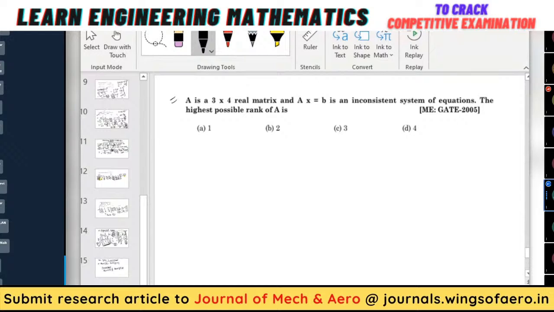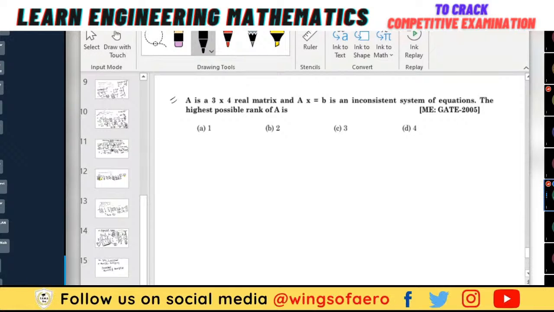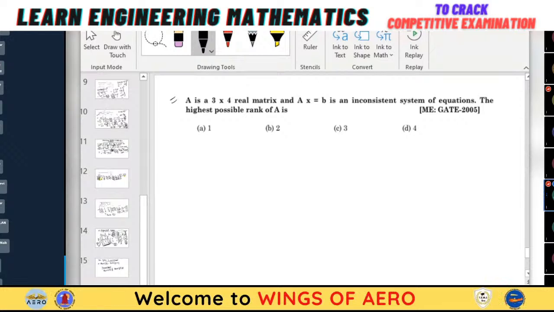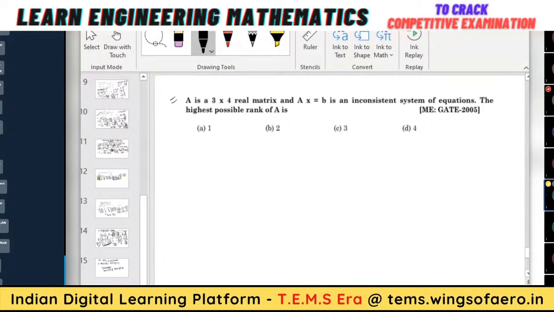Okay, anyone would like to answer? I am getting mixed answers. Someone says A, someone says 3, someone says B. Okay. I'm giving you 1 more minute to solve it.